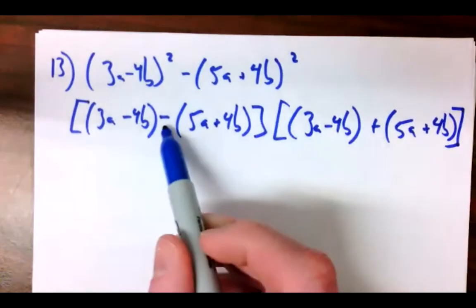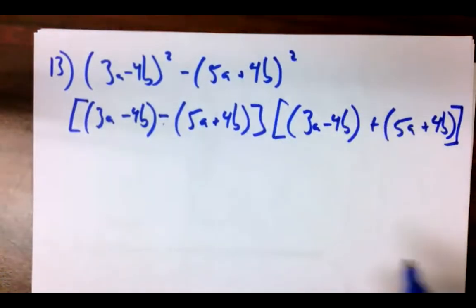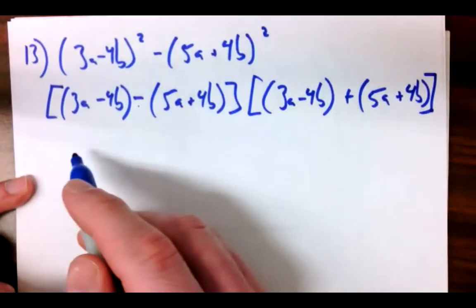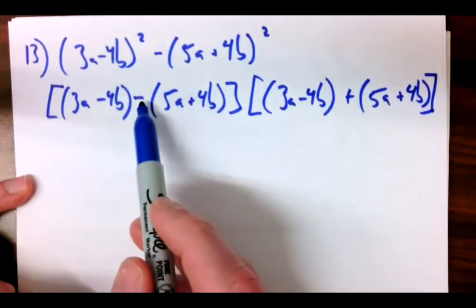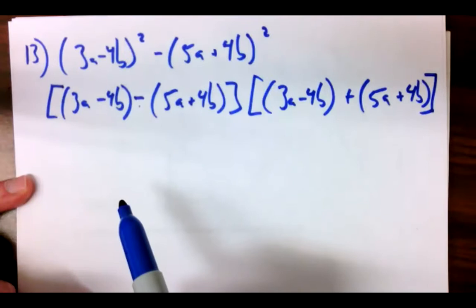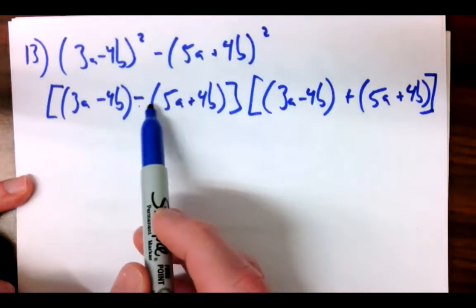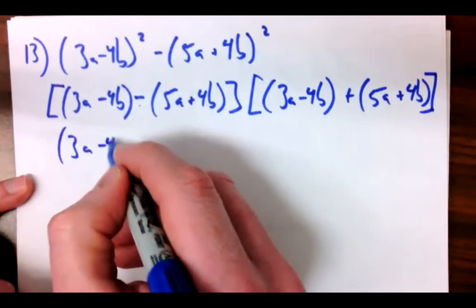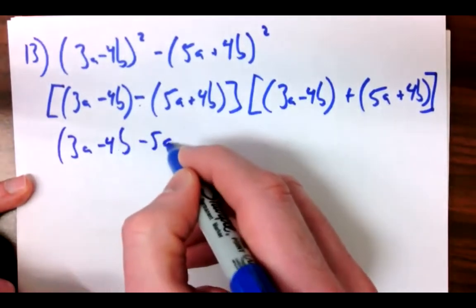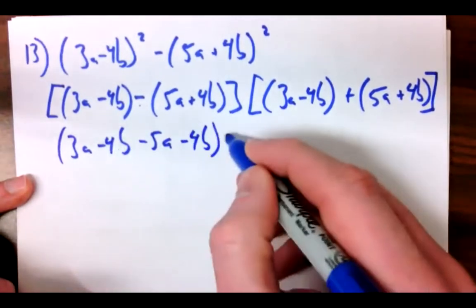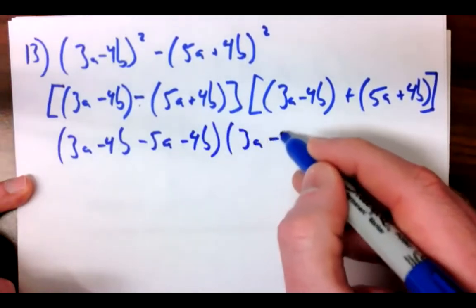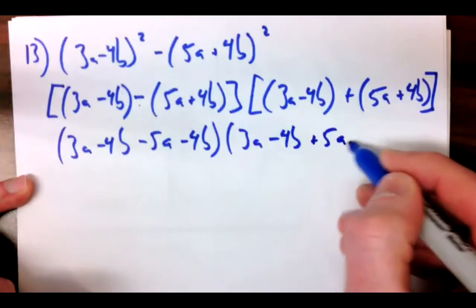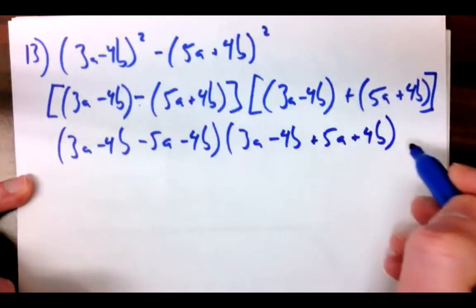Now, sometimes I put the minus first, sometimes I put the positive. It doesn't matter. So I'm going to drop these brackets, and I'll need to reconcile it with the negative sign here. So this becomes 3a minus 4b minus 5a minus 4b. 3a minus 4b, nothing changes because it's a positive sign, so it's just plus 5a plus 4b.